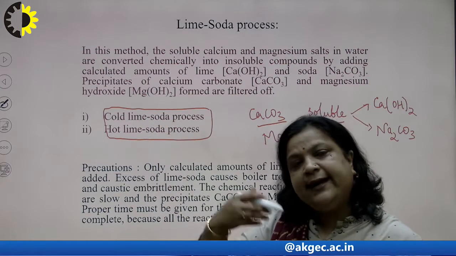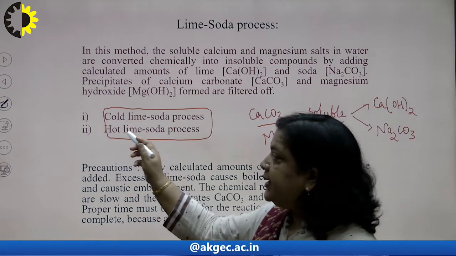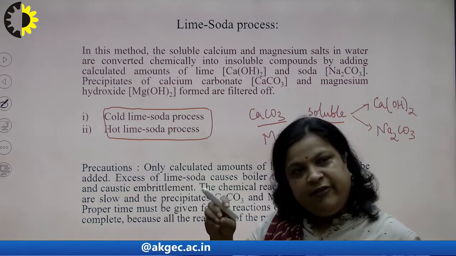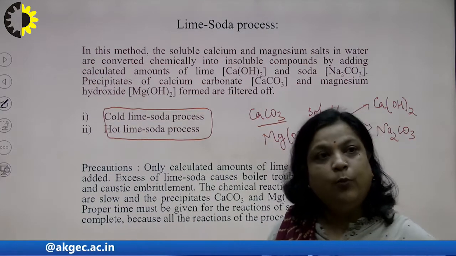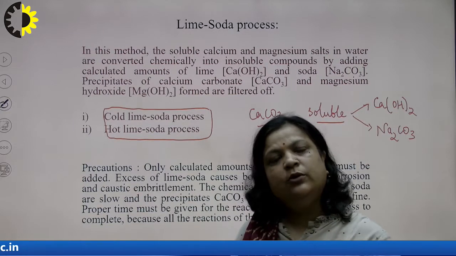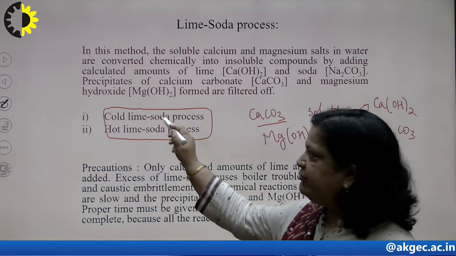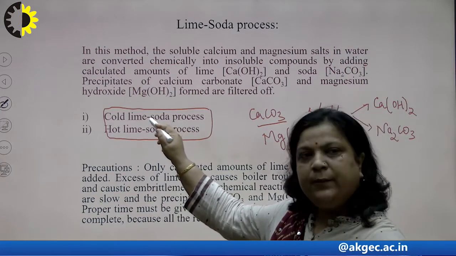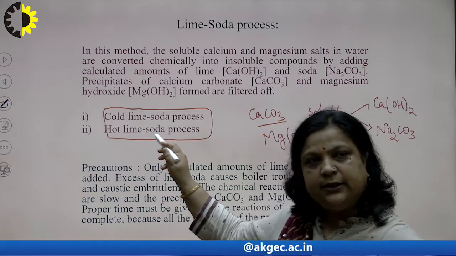While in the hot lime soda process, we take steam or increase the temperature up to the boiling temperature of water, that is 94 to 100 degrees centigrade. So, the basic difference is that one occurs at room temperature while the other occurs at comparatively high temperature.